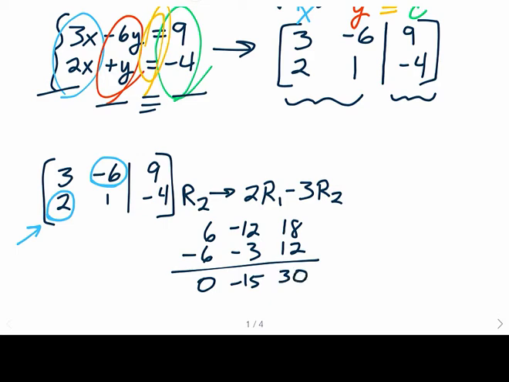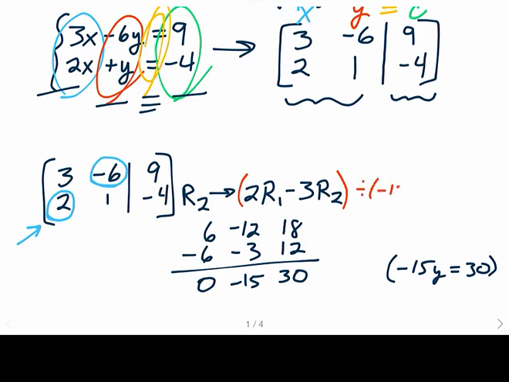Now this represents an equation. The equation that it represents is -15y is equal to 30. Since I could divide both sides of an equation by a number, I can divide a row in an augmented matrix by a number. In this case, it's going to be -15. Dividing that equation by -15 is like dividing that resulting row by -15.